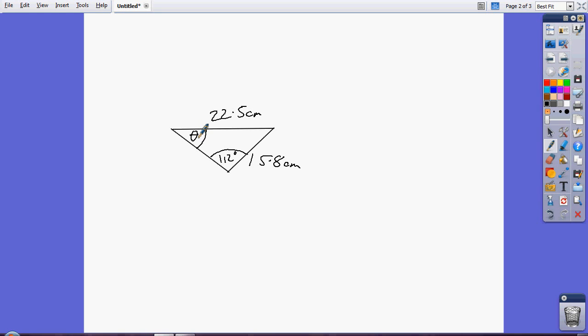So what we have here is a situation where we have two sides. We know one of the angles opposite one of the sides, and we're asked to find out the angle opposite the second side. So in simple terms, we have two sides and one opposite angle.